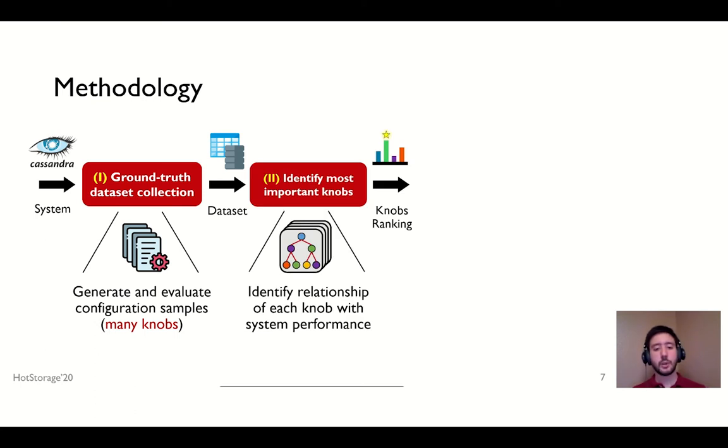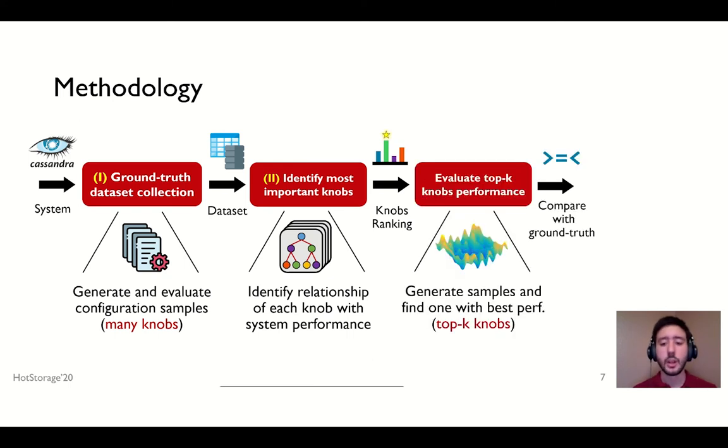In the second step, we put this dataset through a machine learning model, and the goal here is to identify relationships between each knob and the system performance. The machine learning model that we use can actually give us a ranking of these knobs. So in the end, we end up with a ranking of the knobs, or a set of the important knobs.